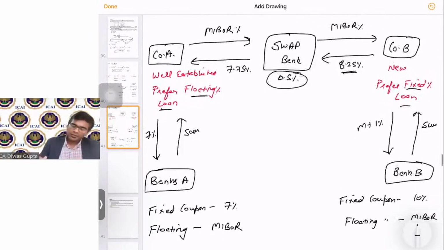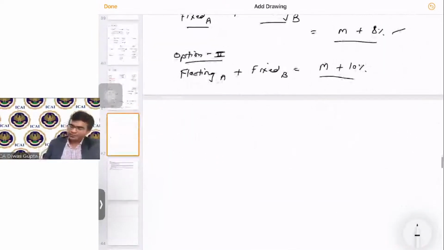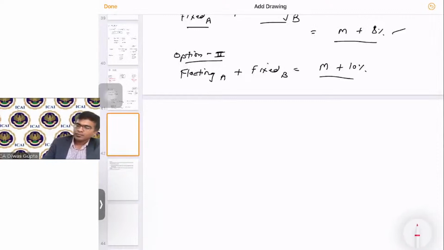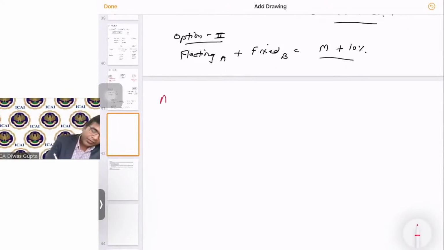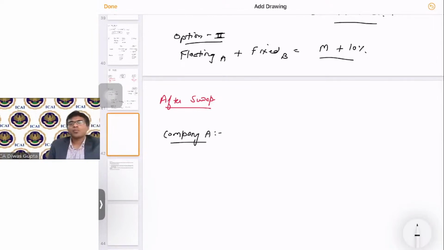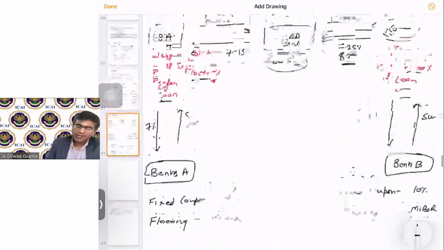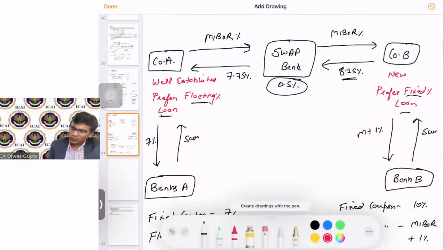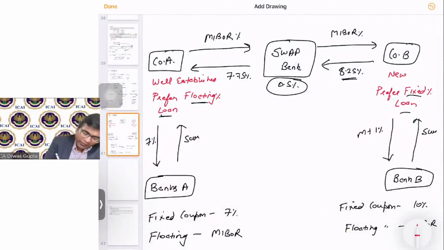Now, let's come here. After swap, what will happen? Company A. Let's see what all company A is paying and what all company A is receiving. Whatever it is paying, I am circling with red.